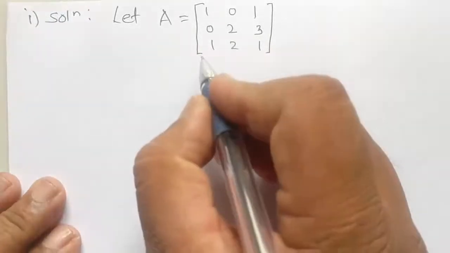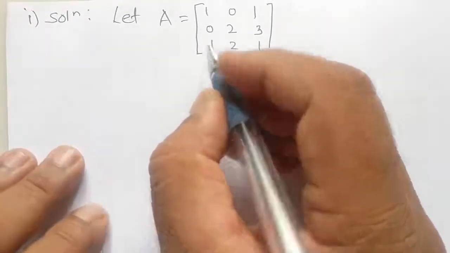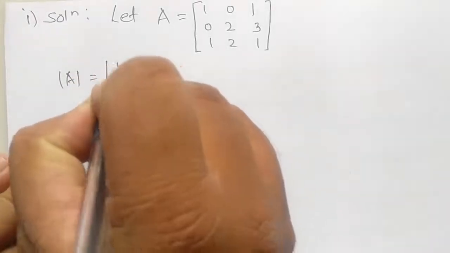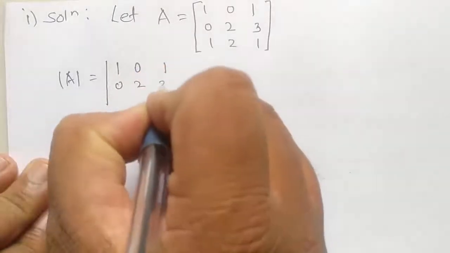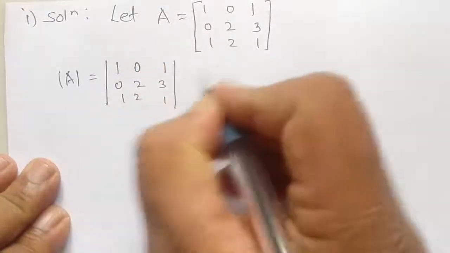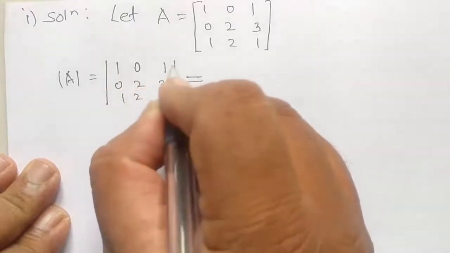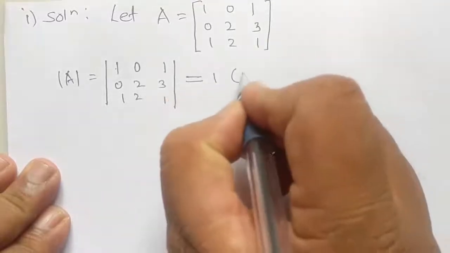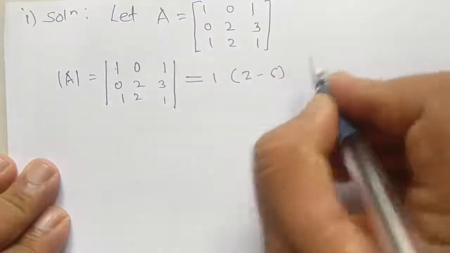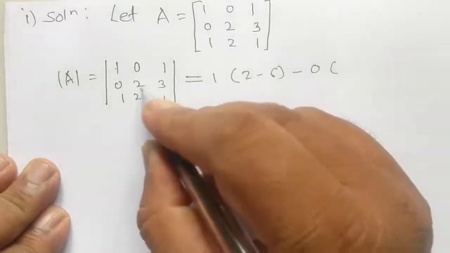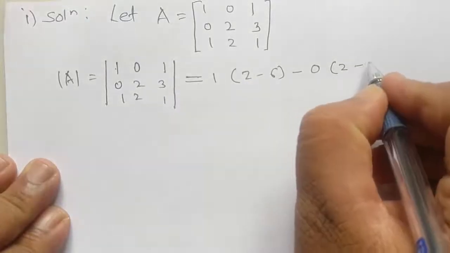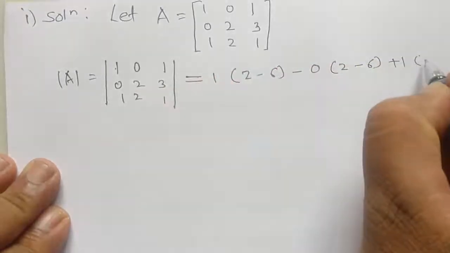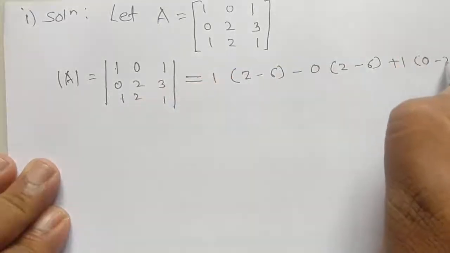Now we check whether this is singular or non-singular. For that, we find the determinant. Determinant of A is equal to determinant 1, 0, 1, 0, 2, 3, 1, 2, 1. We expand this determinant with the help of the elements of the first row: 1 into (2 into 1 minus 2 into 3), minus 0, plus 1 into (0 into 2 minus 2 into 1).